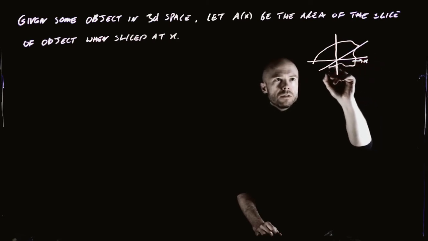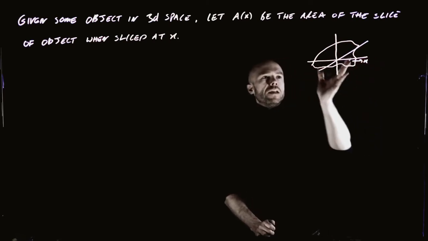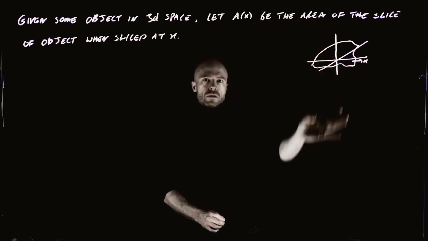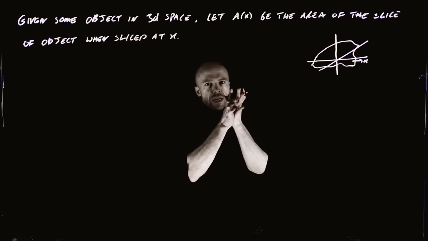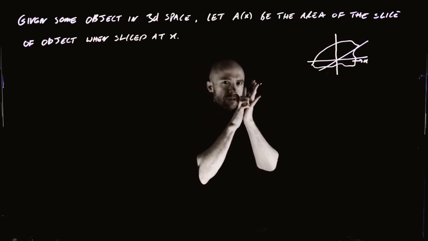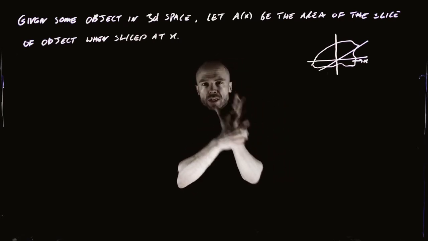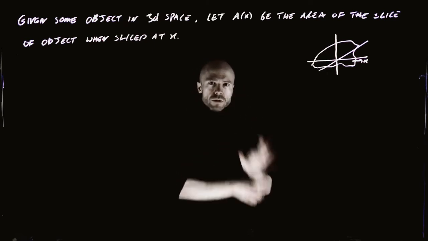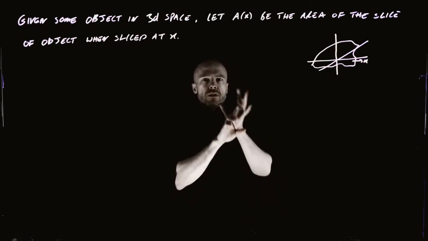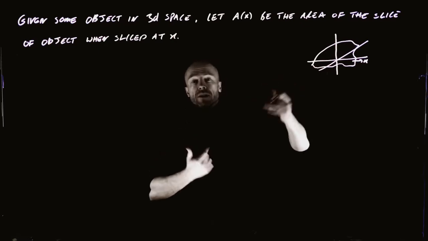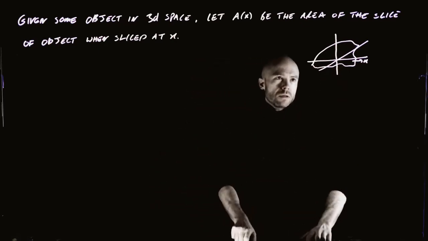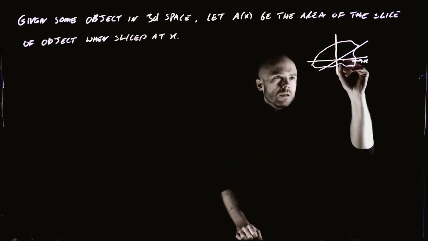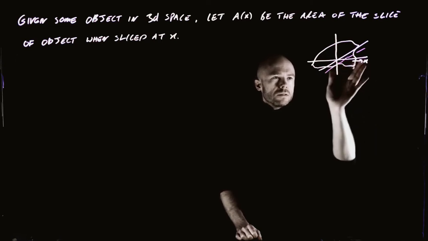This is our object. And then for every x, we slice down with two incredibly close together knives to produce something of 0 thickness, but has two-dimensional area, and that is the thing whose area we measure, and then we call that area A of x. So this is slicing here at x.